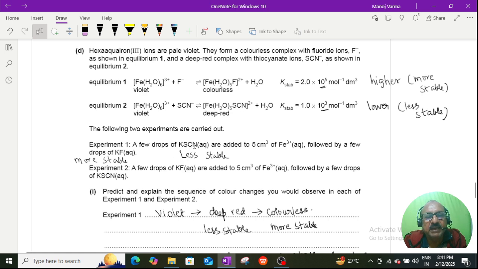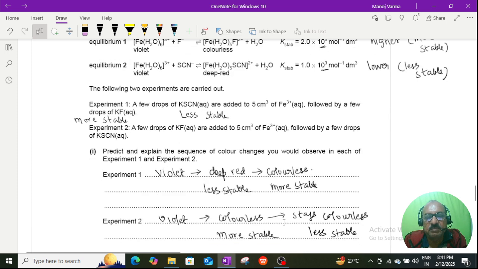So when you add KSCN, you will get the deep red complex, and when you add the F minus ions from KF, it can form the colorless ions. And now the colorless complex is more stable than this, therefore the color will change from deep red to colorless. First you formed a deep red complex, but the colorless complex is more stable, so the deep red will now change into colorless. So the less stable complex will change into a more stable complex.